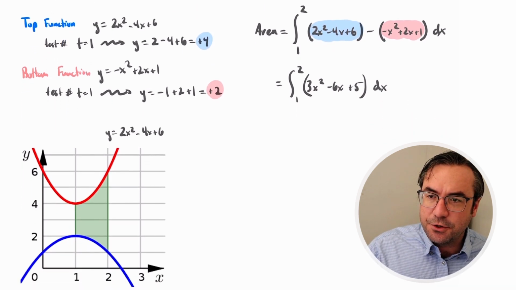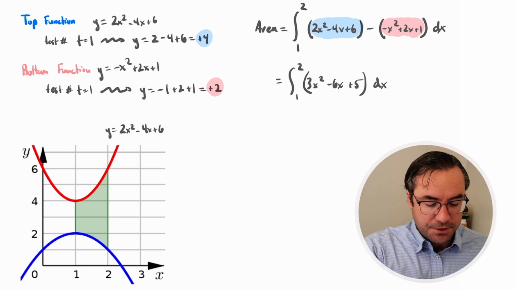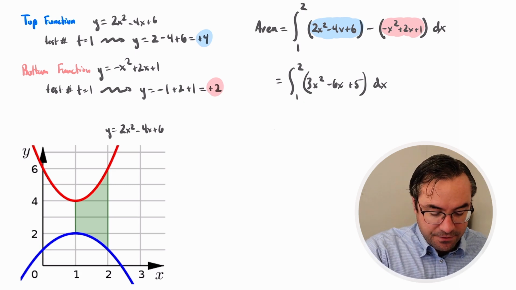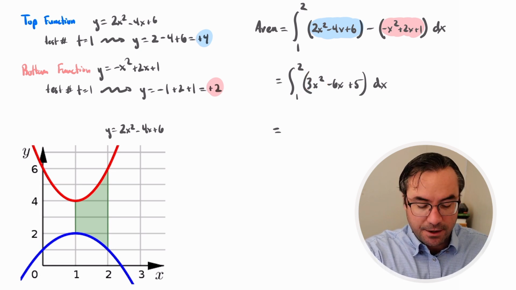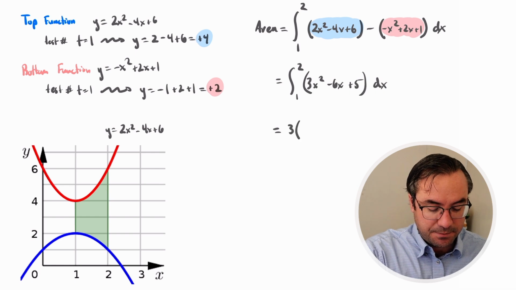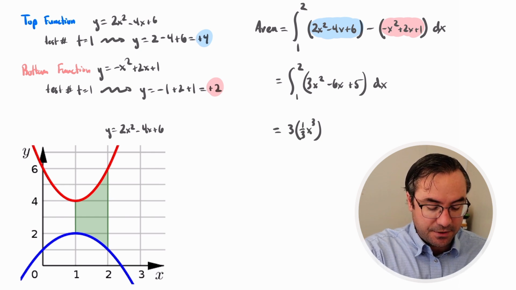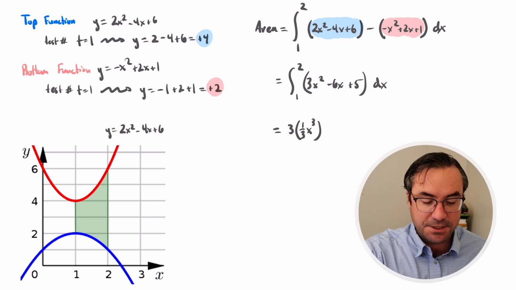All right, so now we want to do this definite integral. So we get our antiderivative. For the first term, the 3 is a constant multiple. We do our power rule on our x squared. So we add 1 to the exponent, take the new exponent, flip it, put it in front.